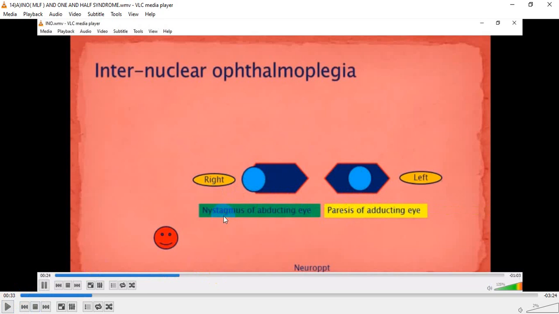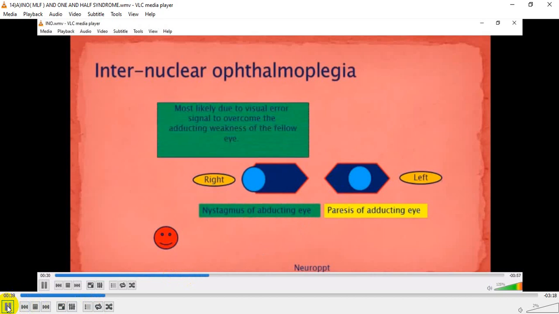Plus, you have got absence of adduction. This will be because of involvement of the medial longitudinal fascicle. And this particular nystagmus is because of visual error signaling to overcome the adducting weakness of the fellow eye.